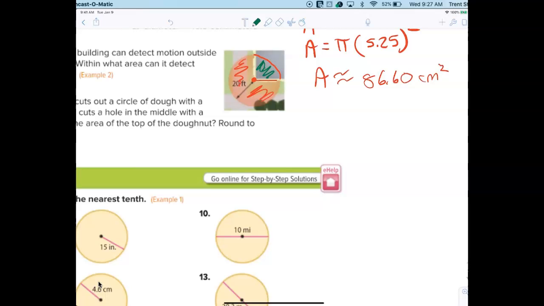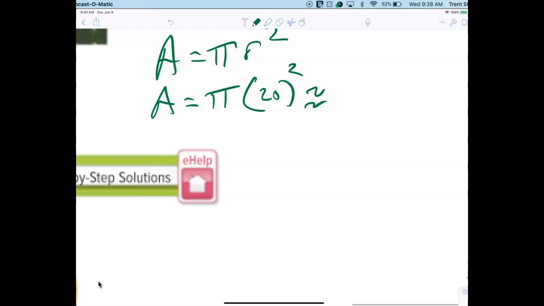That's right. So tell me what the area of the circle is going to be. Beautiful. So what's my radius? 20. Tell me what that full area would be about. Loud and proud for me. 1,000.